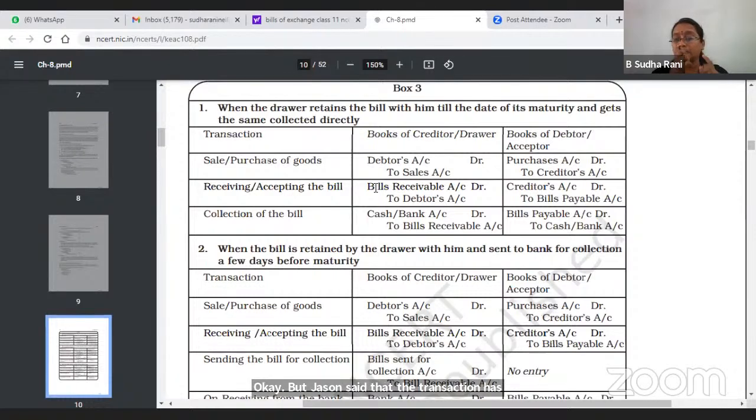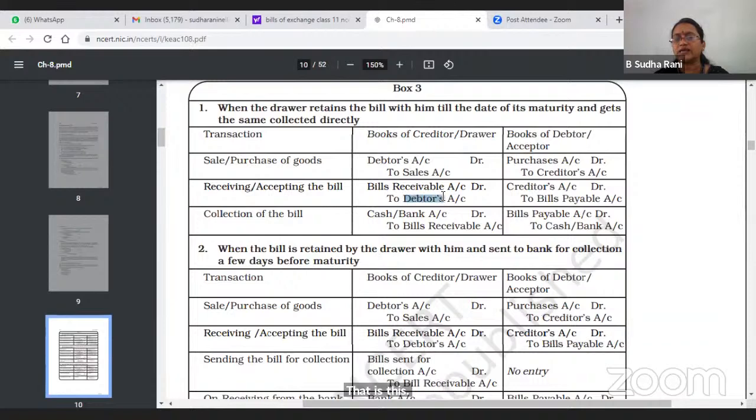After that, the drawer will write the bill on the drawee. You will be given a transaction like: drawer X has written a bill on drawee Y for a 2 months period, which Y has accepted. That entire sentence is one transaction and one entry, that is bills receivable account debit to drawee's account.